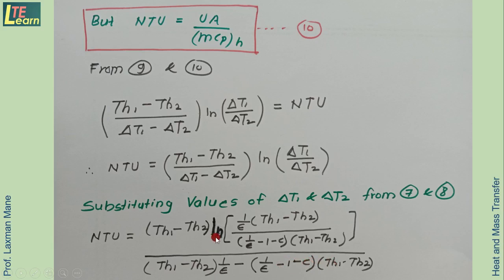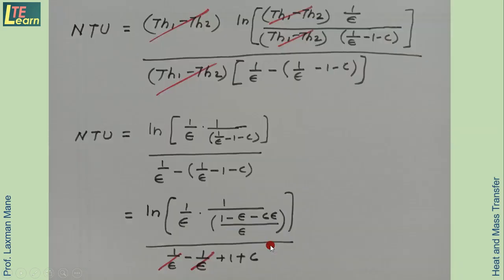So now further we can have the common term TH1 minus TH2 here. In the next step you see at the numerator TH1 minus TH2 we took common, also here TH1 minus TH2 we took common. So this and this will get cancelled. So remaining is natural log of all these terms divided by these square bracket terms.